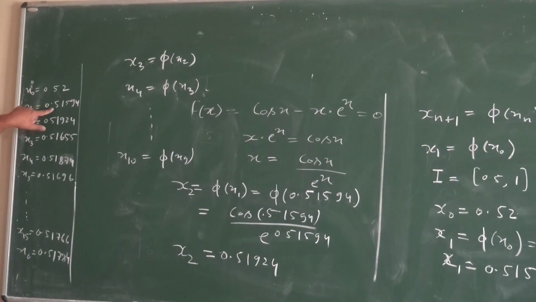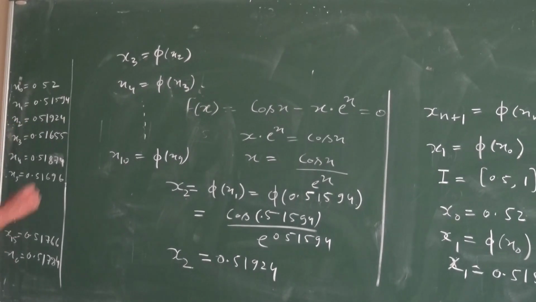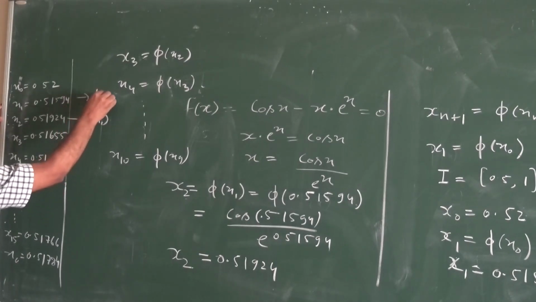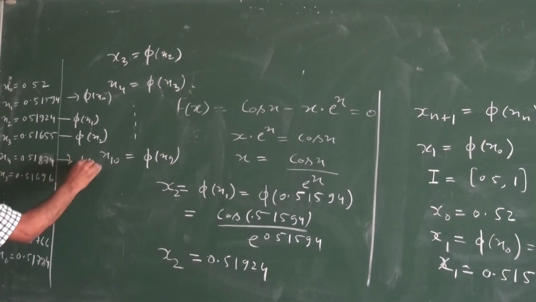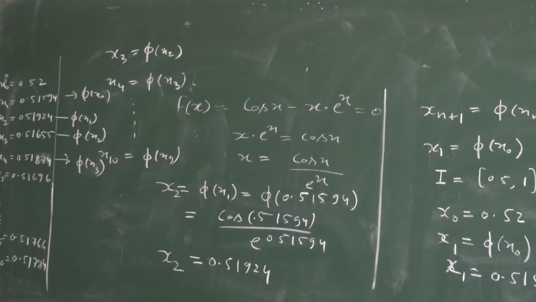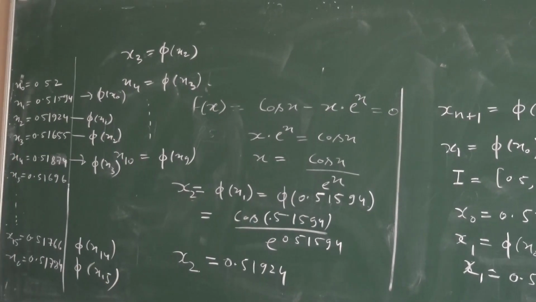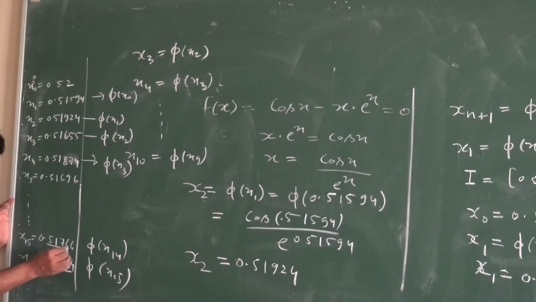Then this was x1, 0.51594. x2 is φ(x1), and in a similar manner we go on up to x14 and x15. After the 15th iteration, this one is 0.5176, this one is 0.5178, which means it is correct up to 3 decimal places, 0.517.